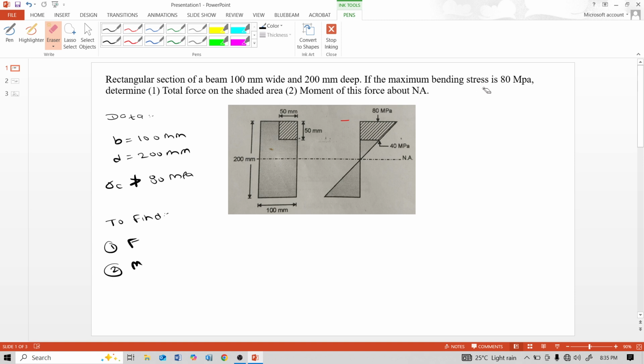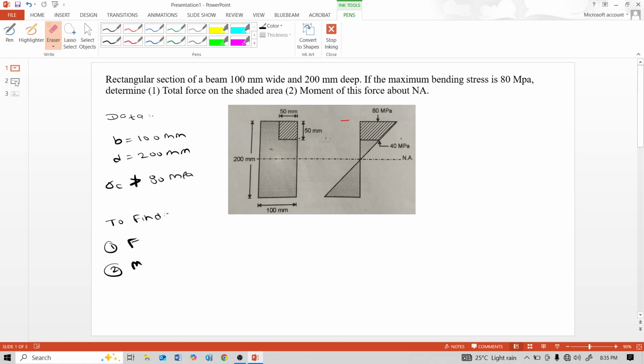If the maximum bending stress is 80 MPa, for that rectangular section the maximum bending compressive stress is 80 MPa, we have to determine the total force on that shaded area. Calculate the total force for that shaded area, and second, the moment of this force about the neutral axis.